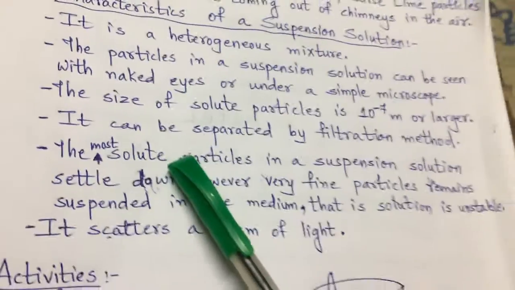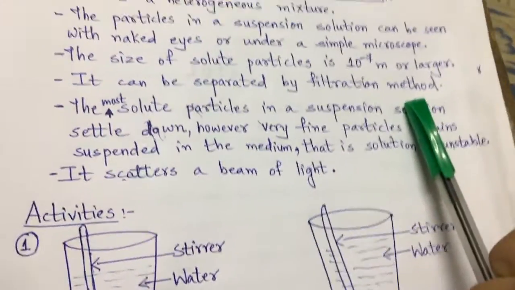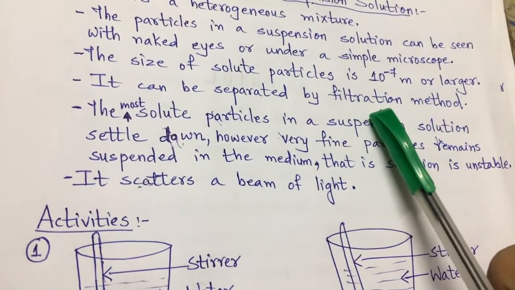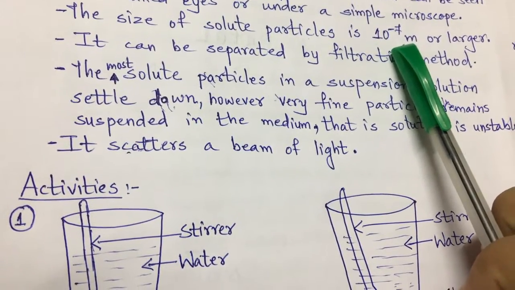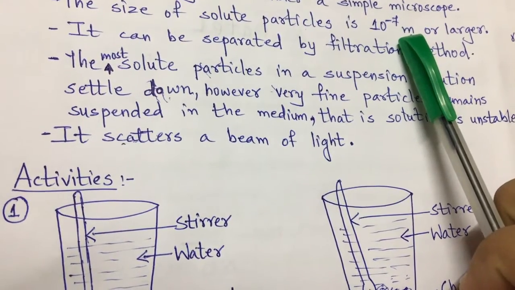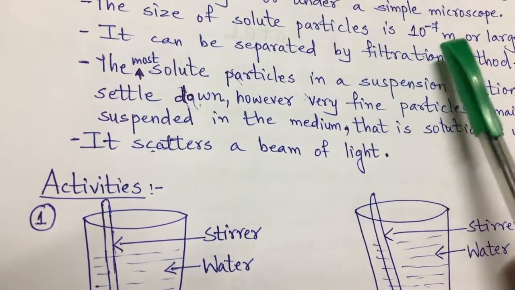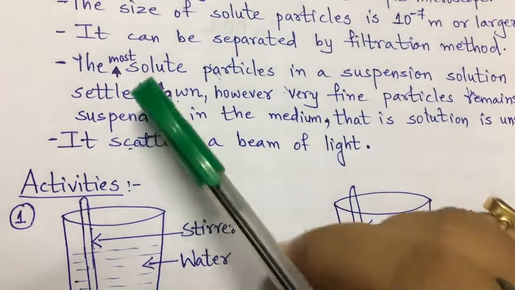It can be separated by the filtration method. 10 raised to minus 7 is larger than 10 raised to minus 10. When the number is negative, the smaller the number, the greater the value. So between 10 raised to minus 10 and 10 raised to minus 7, this one is larger.